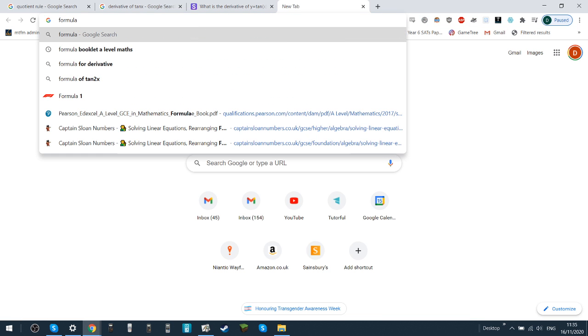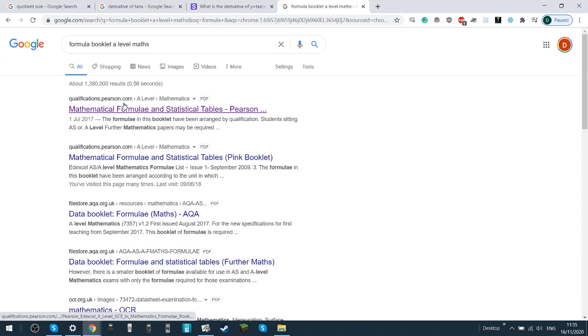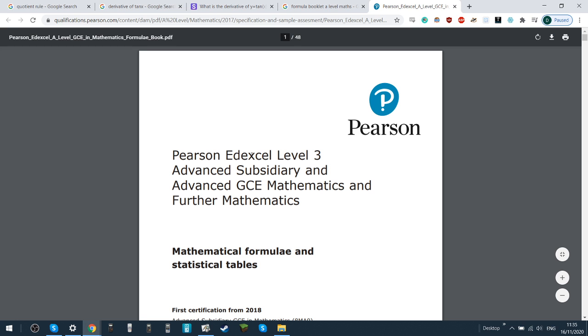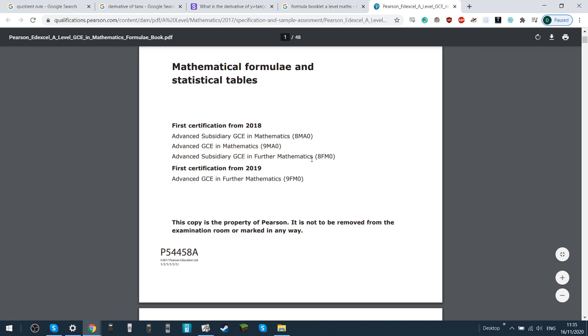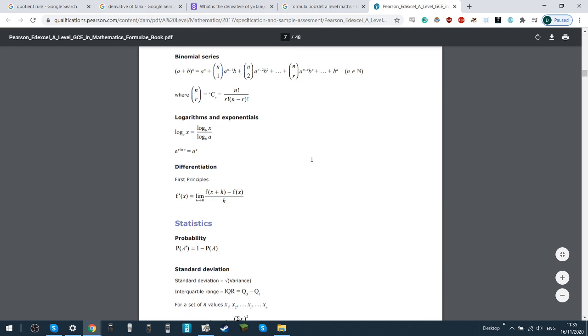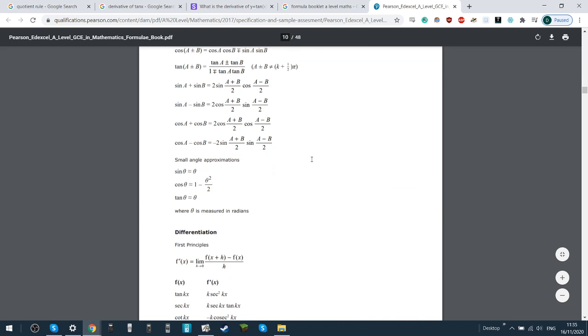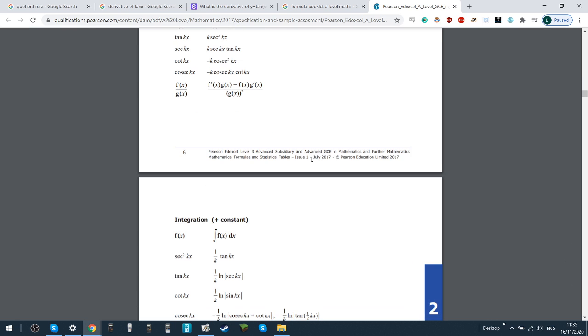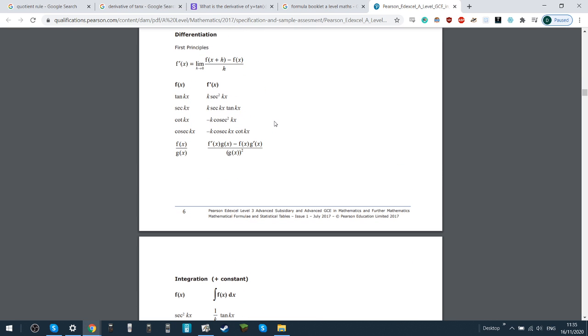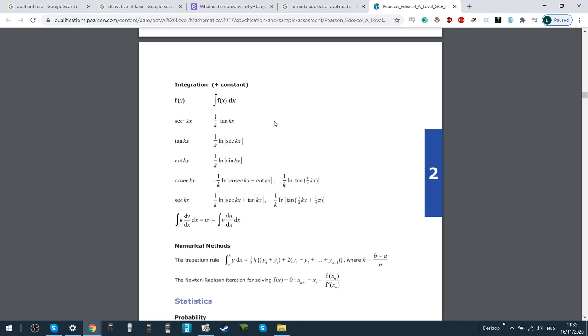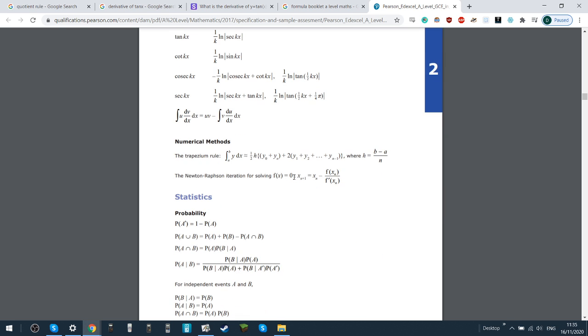Let me just check the formula booklet for a second. Just want to see if they give arctan for the derivative, and if they do, then that skips a lot. So the derivative, no, they don't. And then the integral arctan.